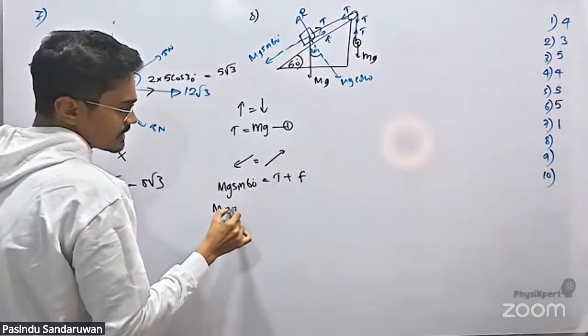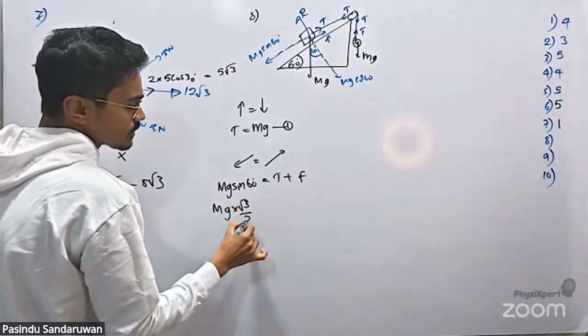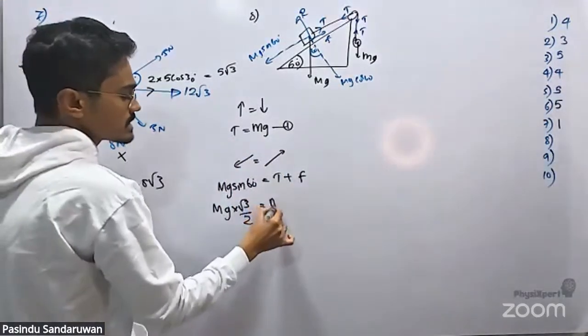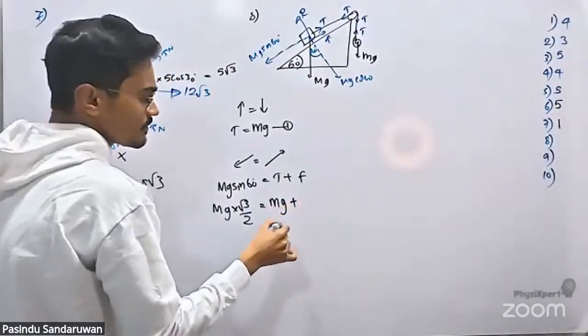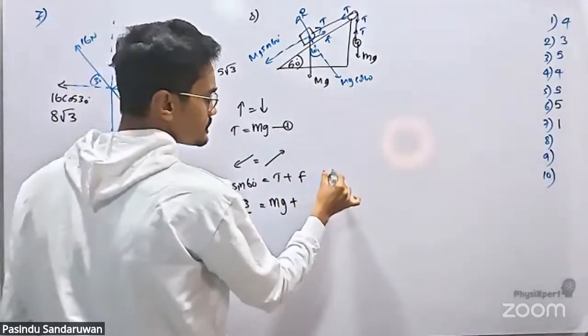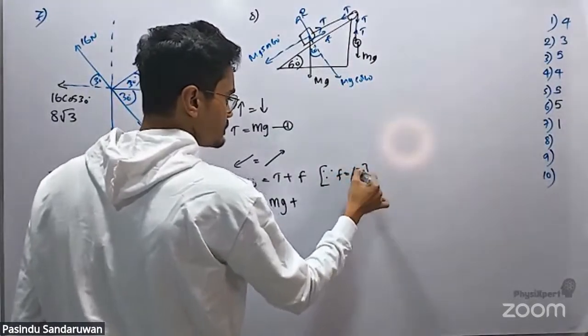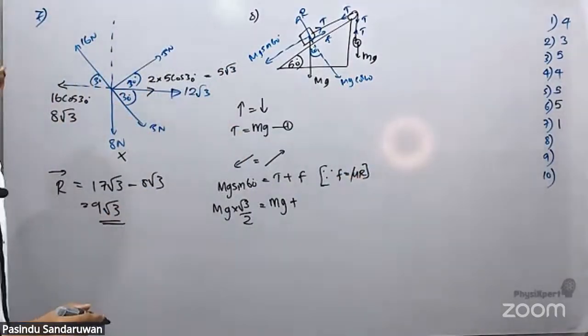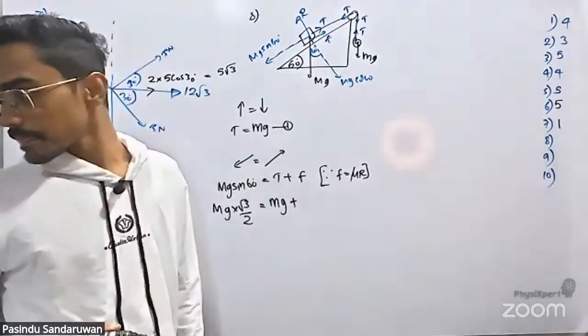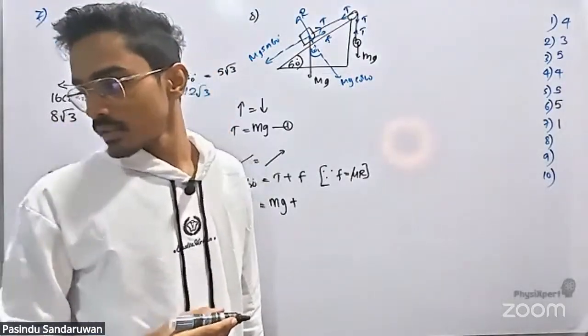Mg sin 60 is root 3 over 2, and for T you can write simple mg plus F. We know F is mu R. Mu is given as 1 over root 3.